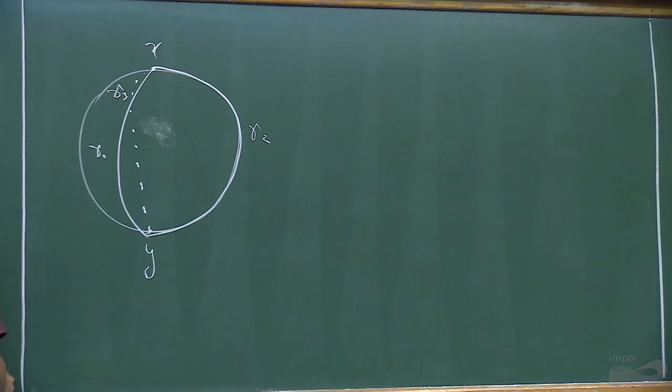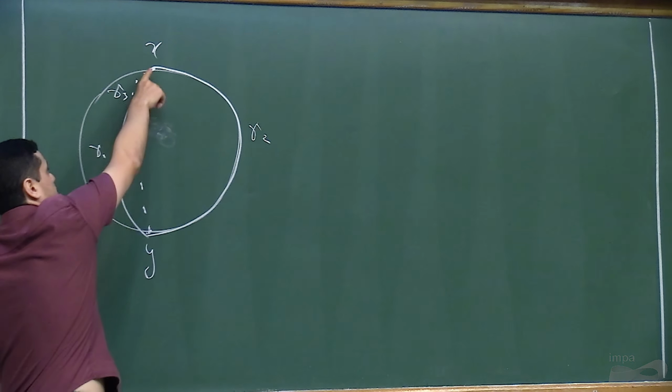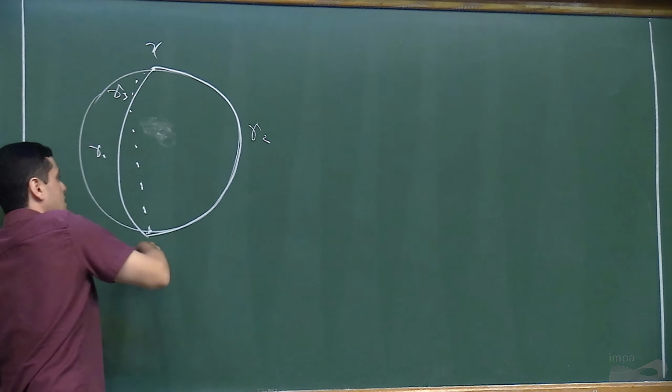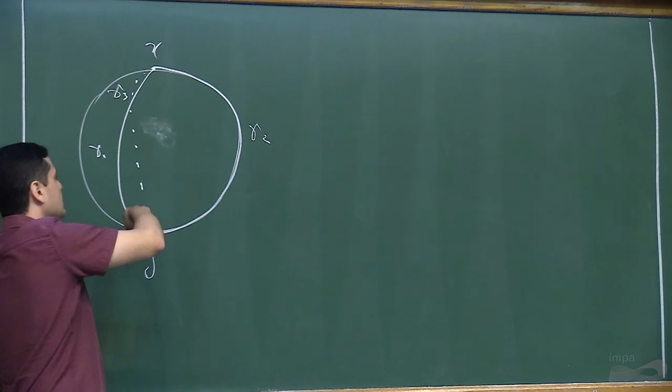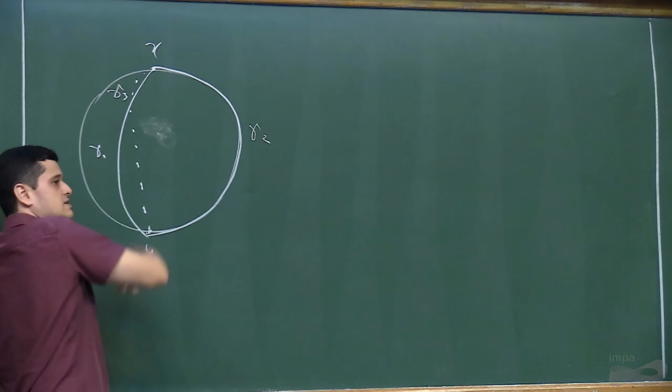So what we do is, instead of constructing directly the sweep out by pairs of points, we construct sweep outs by curves with bounded length, with lengths bounded by 2 times the distance between x and y. Remember that each gamma i here is minimizing, so the lengths are all equal to the distance between x and y.